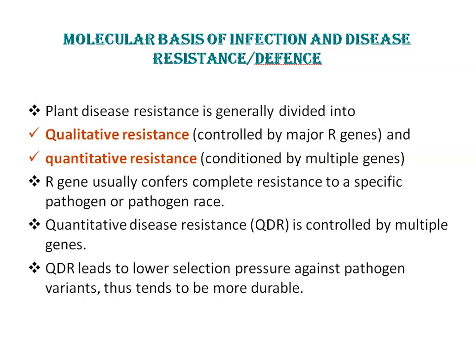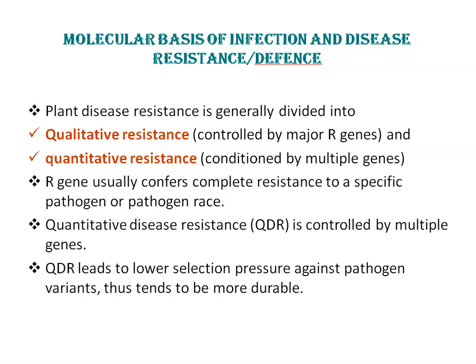R genes usually confer complete resistance to a specific pathogen or pathogen race and are easy to manipulate for basic research and crop improvement. As the resistance mediated by major R genes can be rapidly overcome by new virulent pathogens, R genes represent a frustrating battle in disease control for plant breeders and farmers.